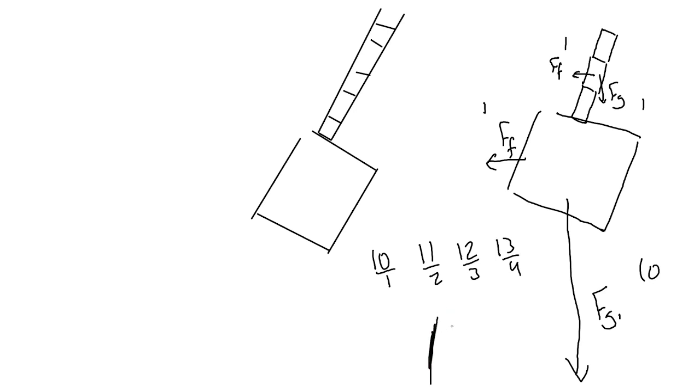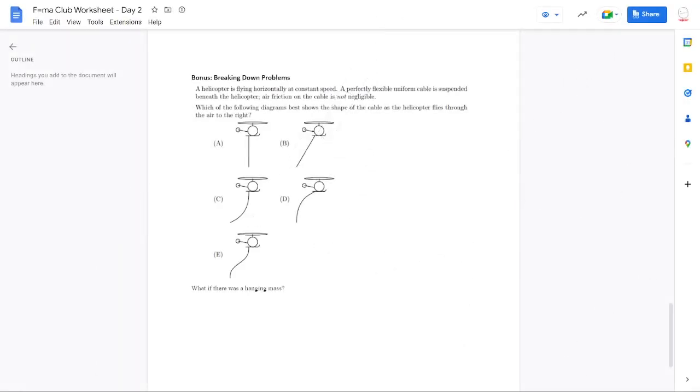If you look at the slope, it's going to be first like that, then like that, then like that, until it reaches the top. So if we were to draw out a diagram of what every component would look like as we go up, it would start curving until it reached something like this. And if we look back on our question, we see that that would be our answer choice D.